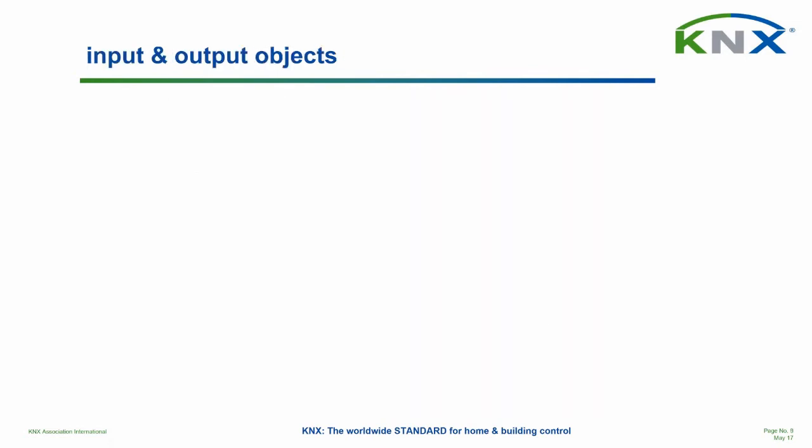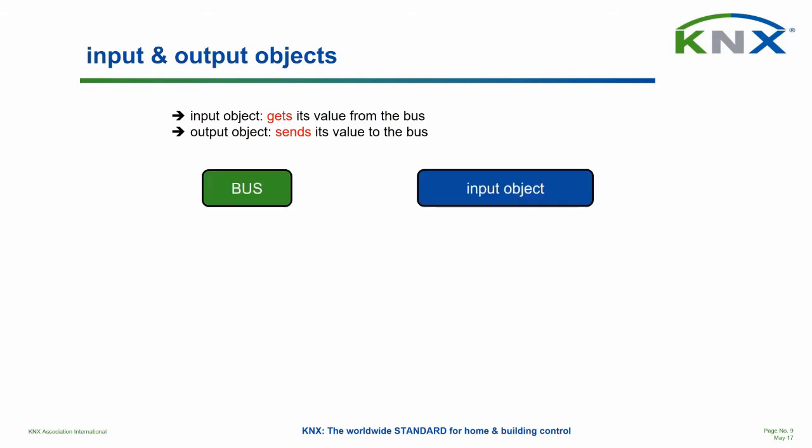Okay, in order to explain the next coming topics, I first want to clearly indicate how we need to distinguish input objects from output objects. It is actually very clear. An input object is an object that will get its value from the bus, and an output object is an object that sends its value to the bus.